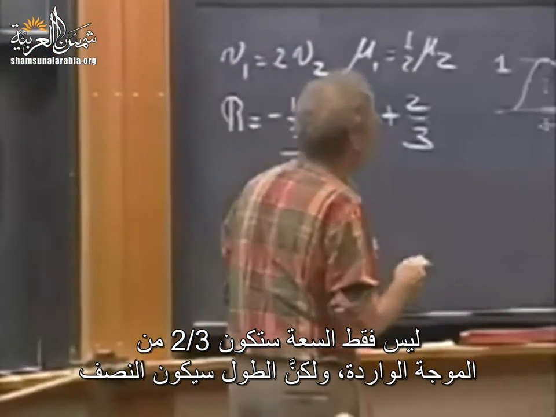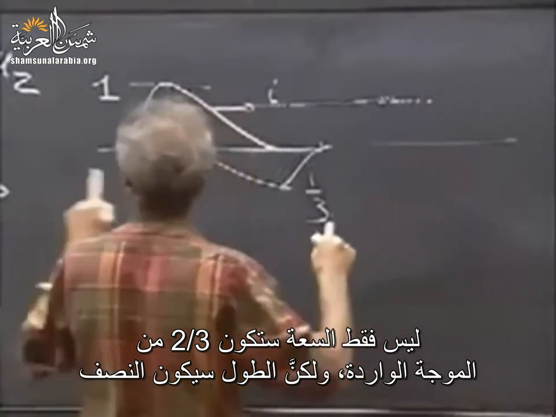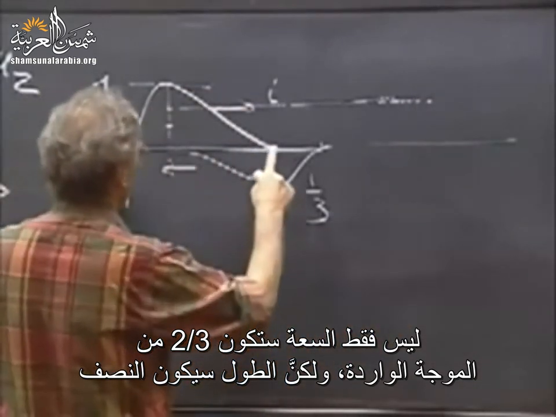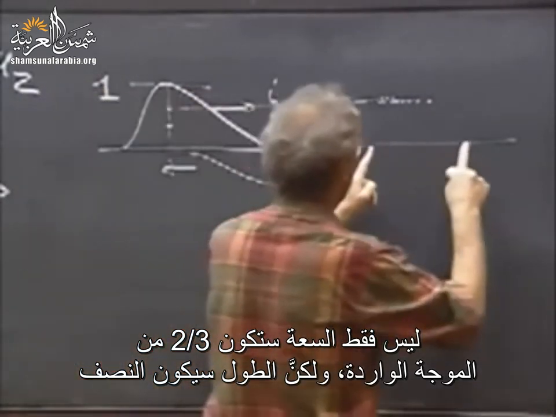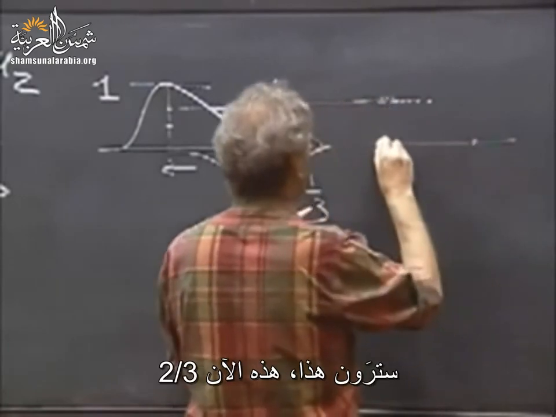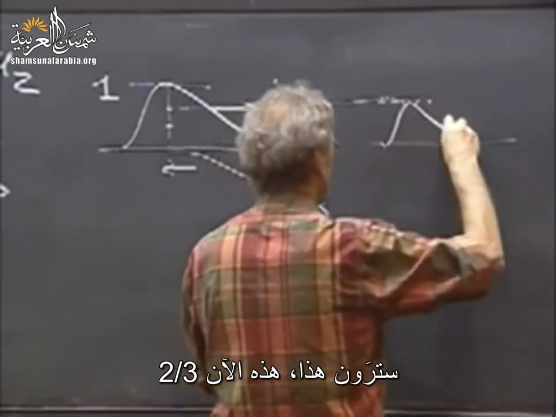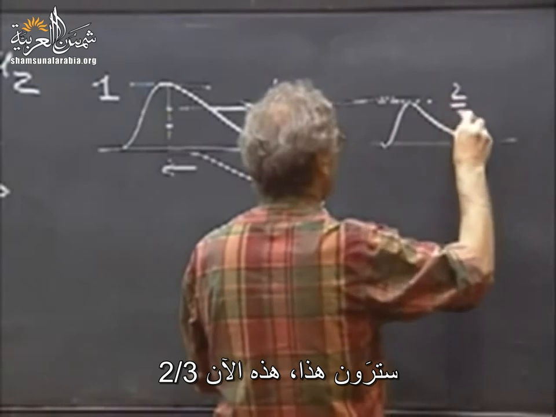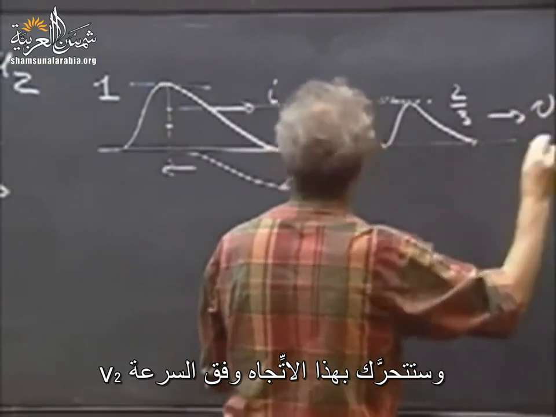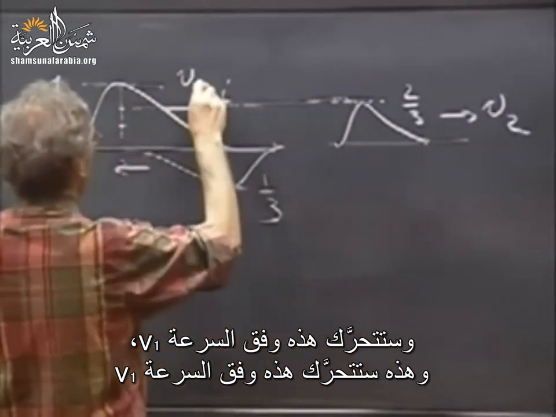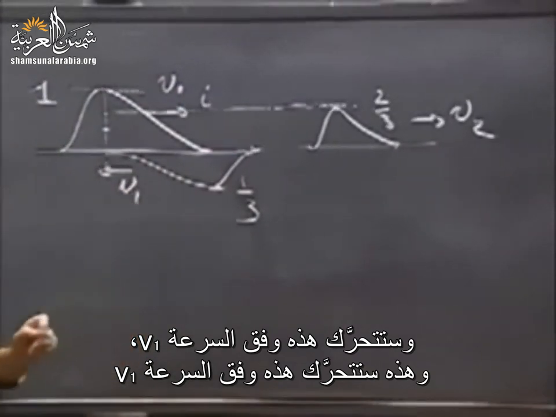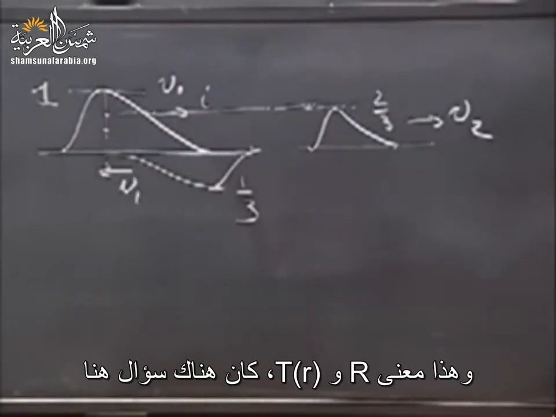And so not only will the amplitude be 2/3 of the incident one, but this length will only be half. And so you will see this. And this is now 2/3. And this is moving with velocity v2. This is moving with velocity v1. And this is moving with velocity v2. So that's the meaning of R and TR.